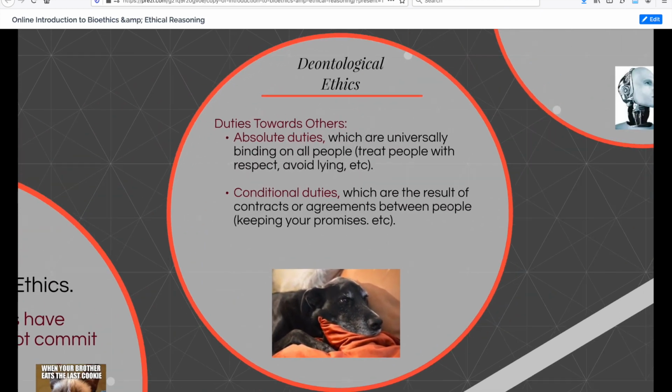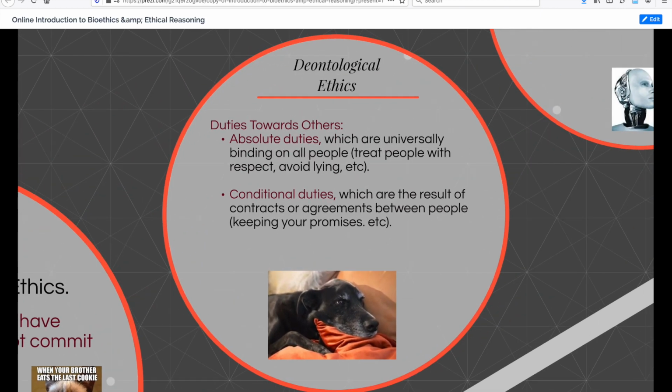So there are two types of duty-based ethics. These either recognize absolute duties or conditional duties. And you can think of conditional duties as more contractual duties. So absolute duties are those that are pushed to be universally binding on all people, such as not harming your neighbor, treating people with respect, not stealing, right?